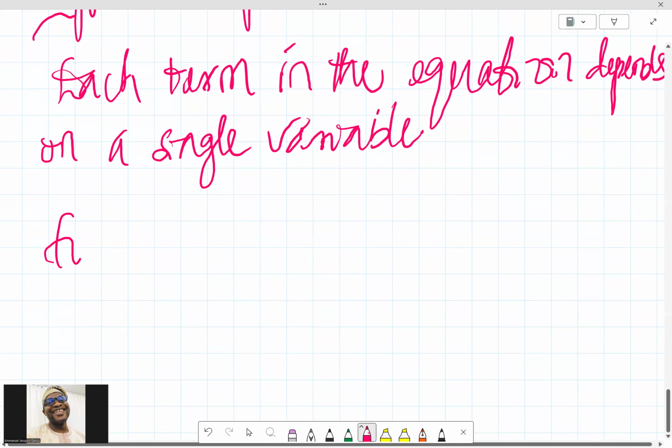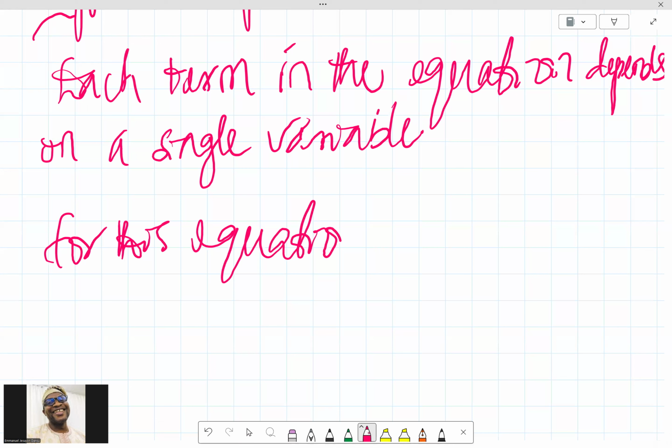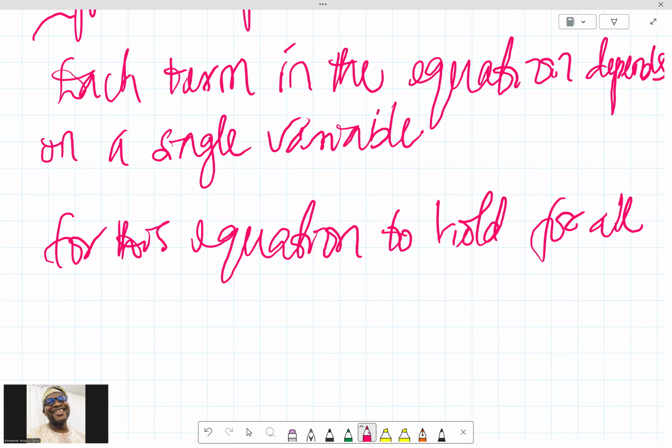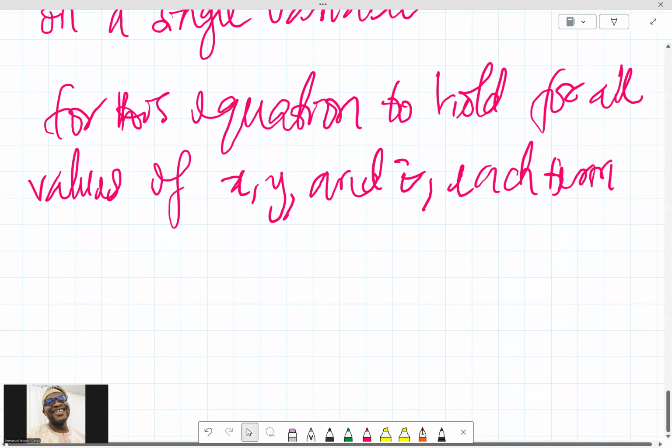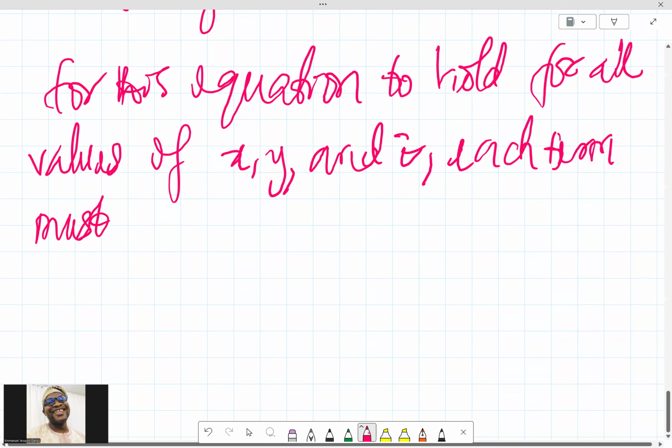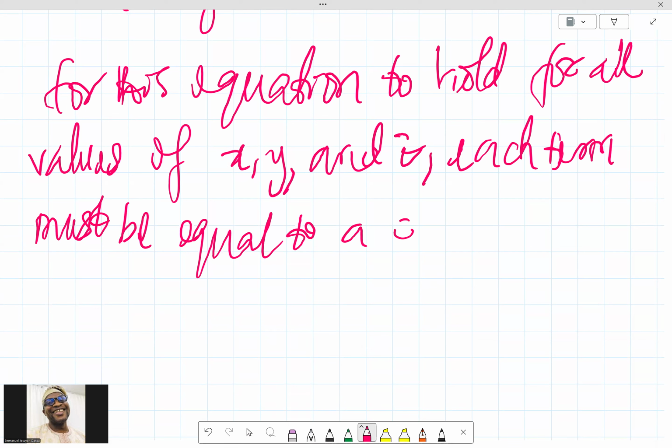So for this equation to hold for all values of x, y, and z, each term must be equal to a constant, and that is what we call the constant of separation.